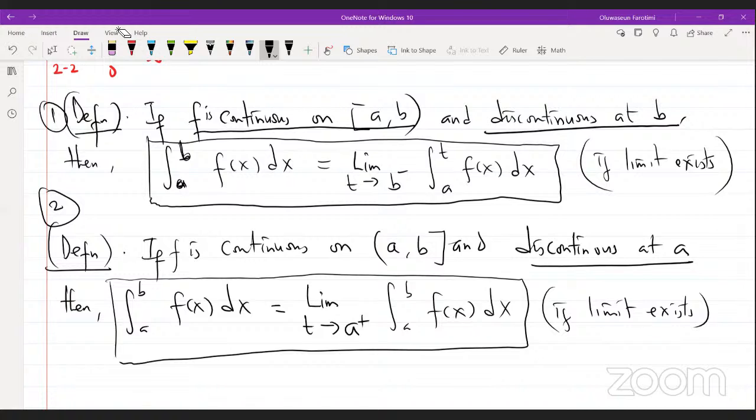In definition one, you're open at the right end, so you don't exactly hit the number b, which means you can only talk about the left portion. And in the second definition, you don't exactly hit a, which means a is not included, right? Do you remember when you have the open end, it means not included, and when you have the closed bracket, it means it's included.